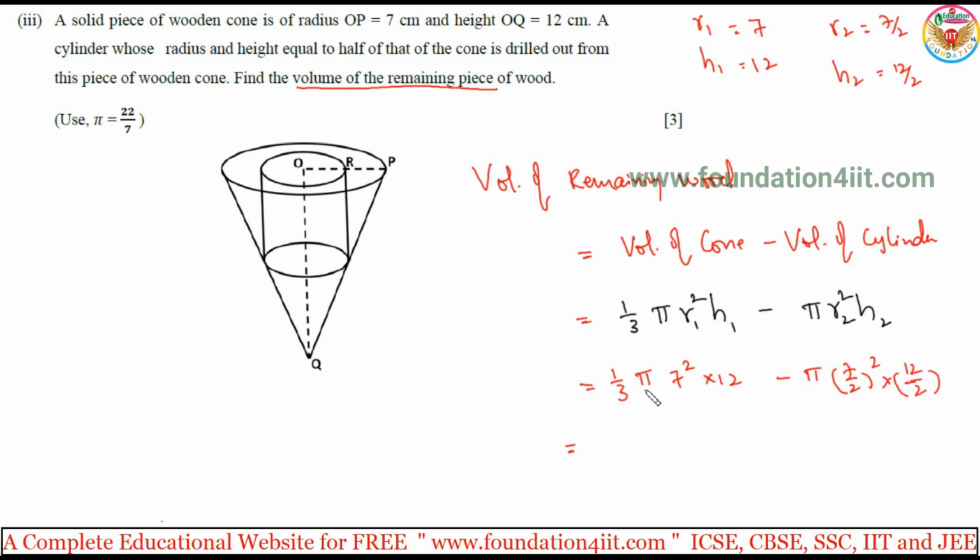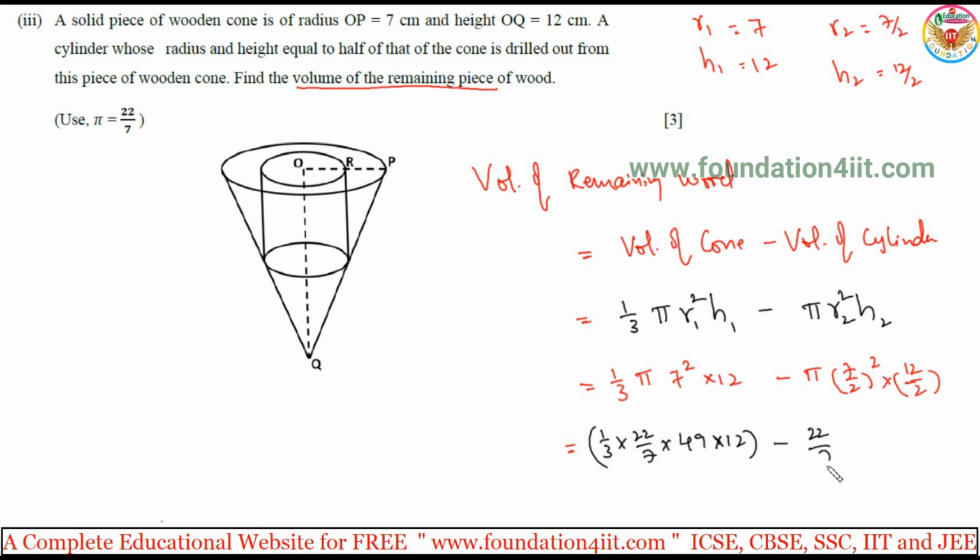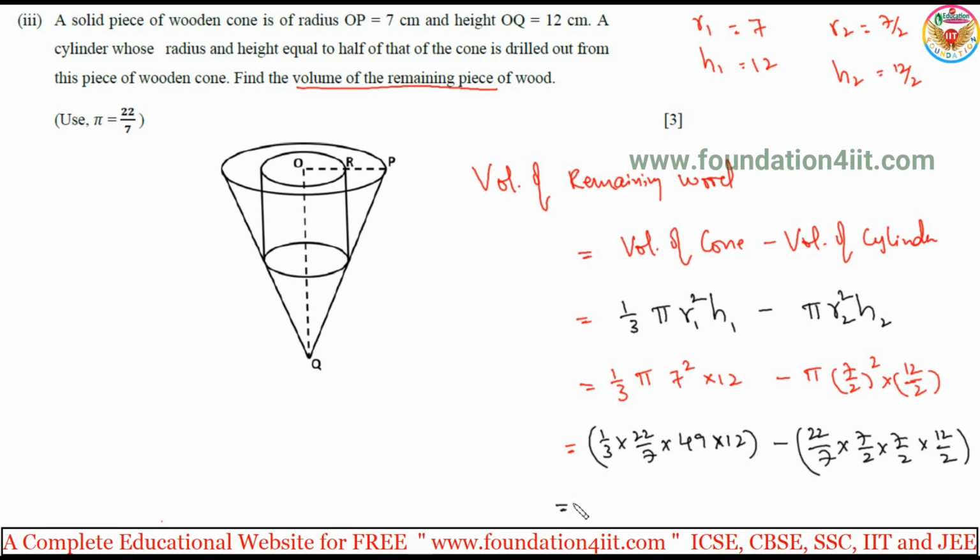So 1 by 3 into 22 by 7 calculations. 1 by 3 into 22 by 7 into 7 into 7, 49 into 12. This is minus 22 by 7 into 7 by 2 into 7 by 2 square, right? Into 12 divided by 2. Both you can simplify, you'll get the answer. Just cancelling. 7 7s are 49, 3 4s are 12. 22 into 7 into 4. 7 4s are 28 into 22.